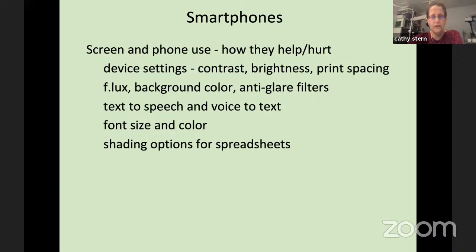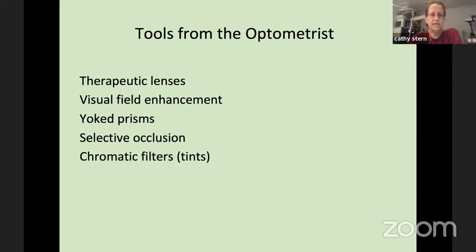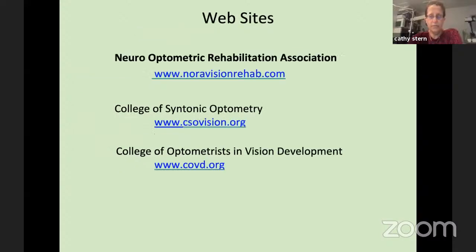Most people don't know those things are there, and we know that the smartphone manufacturers are continuously coming out with new options that help all of us, but especially these patients. And again, these are the things that we can do, which I just summarize together. And these are some websites that can be helpful for additional information.